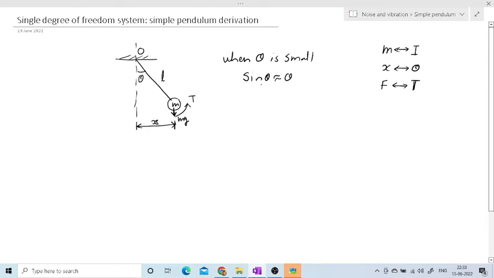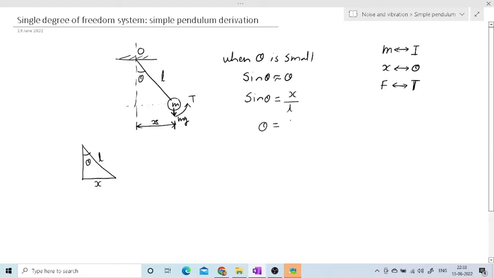Now from sin theta equal to theta, we will draw one line so that this is converted into a triangle. Suppose this is the triangle, this angle is theta, this length is L, and this linear displacement is x. Take sin theta from this triangle: sin theta is equal to opposite divided by hypotenuse, so x divided by L. But if this angle is small, then sin theta is equal to theta.